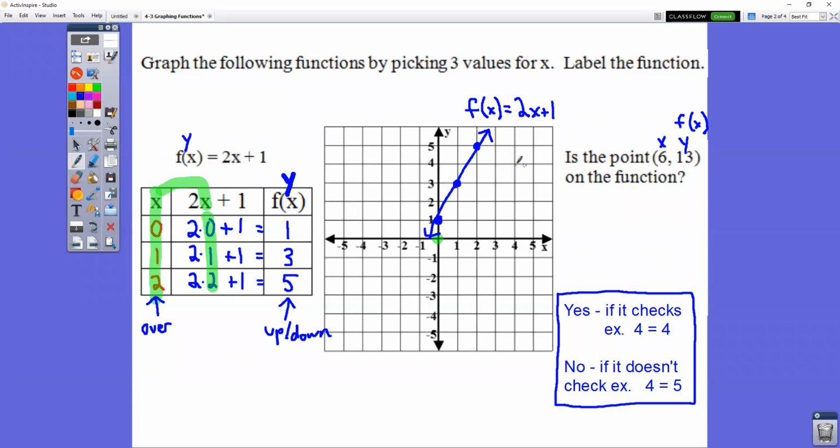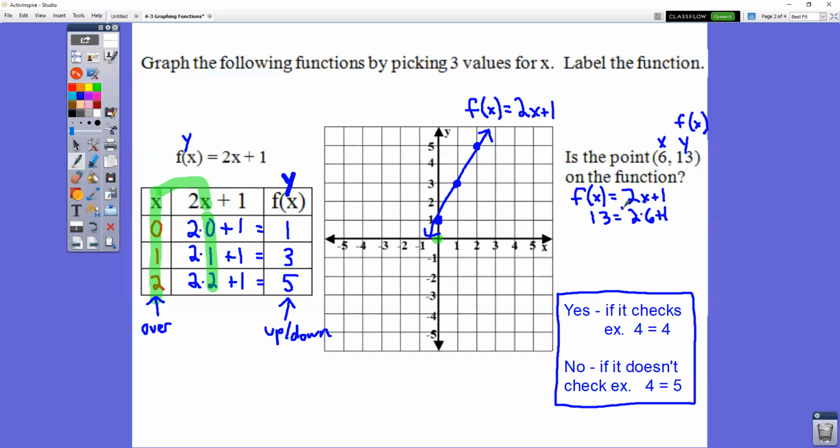Just like we did before, you're going to sub those numbers into our original equation. Our original equation said f of x equals 2x plus 1. We need to sub our values in. So instead of 2 times x, I have 2 times 6 plus 1. And instead of f of x or y equals, my y value is 13.